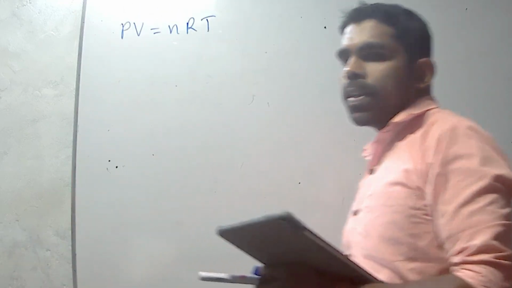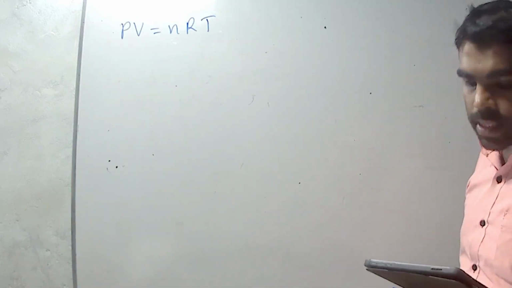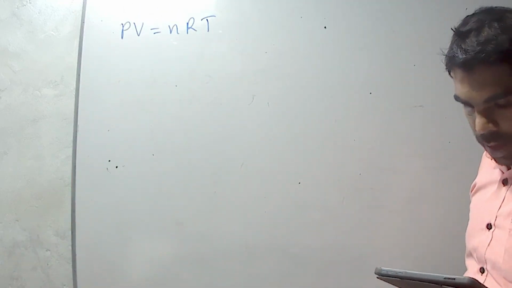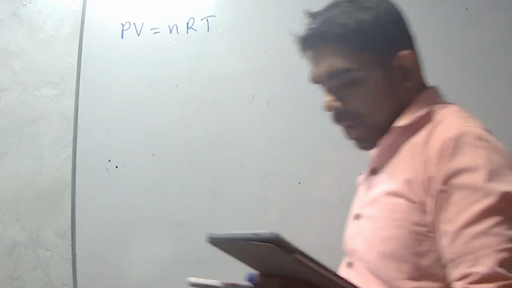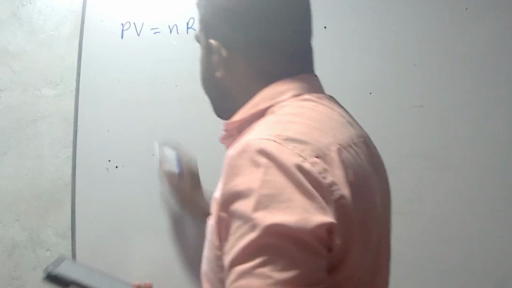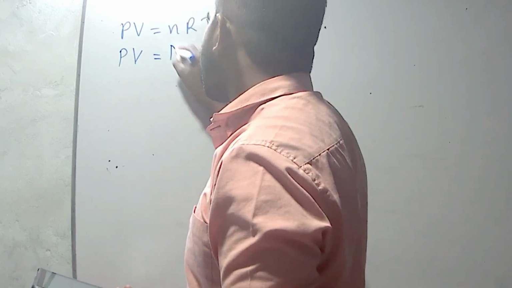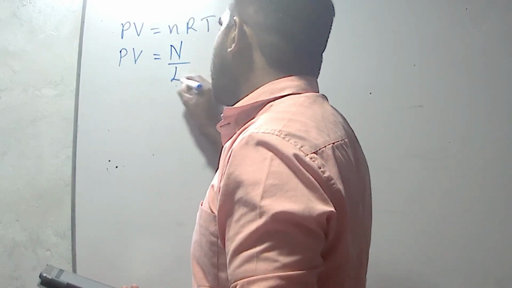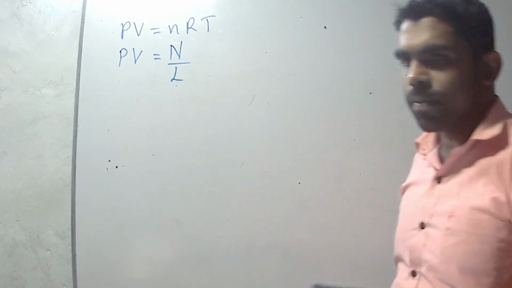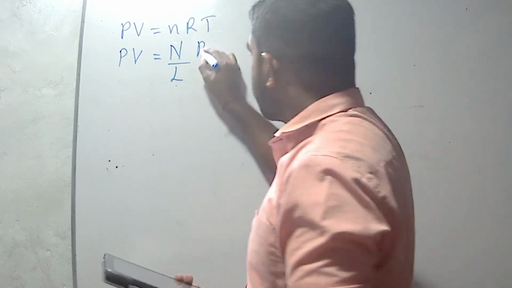I will use PV equals nRT for the corresponding gas sample. Then I will substitute number of moles as number of molecules divided by Avogadro constant, into RT.